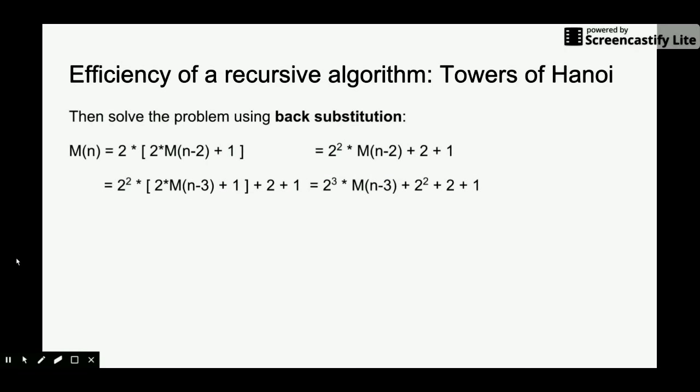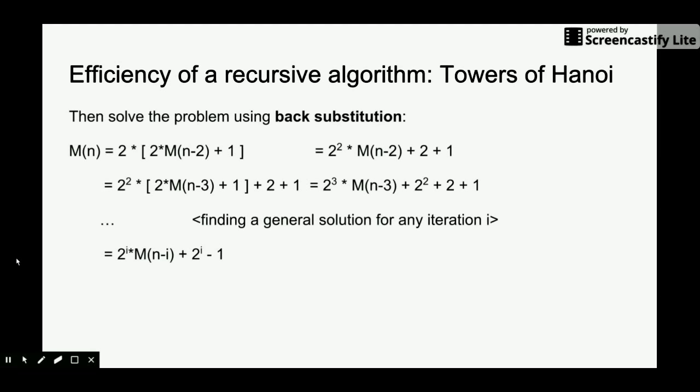You might be, if you're looking carefully, starting to see a trend here of how this is changing. Especially if you remember your Calc 2, you'll come up with the following solution for any iteration i. When I say iteration, I mean not that we are actually iterating, but any n minus value, which is this.